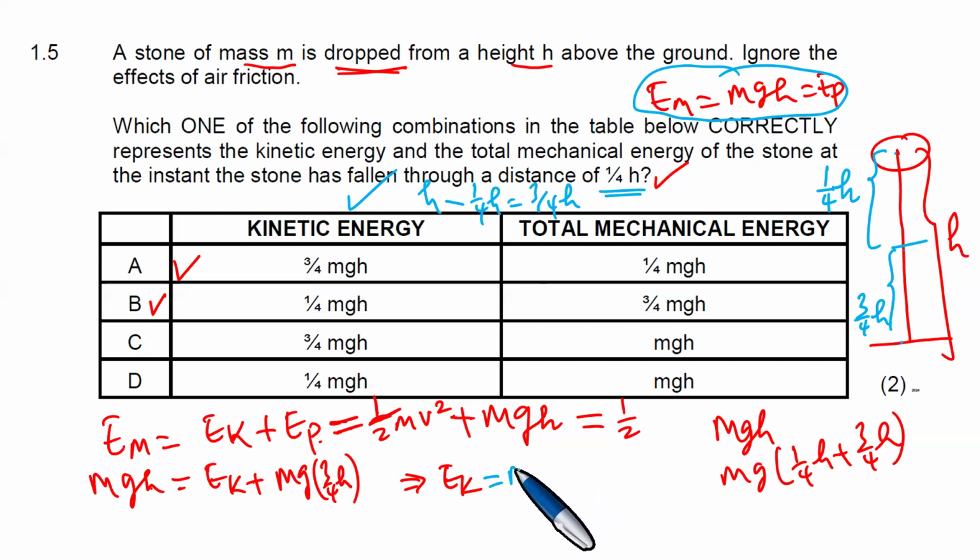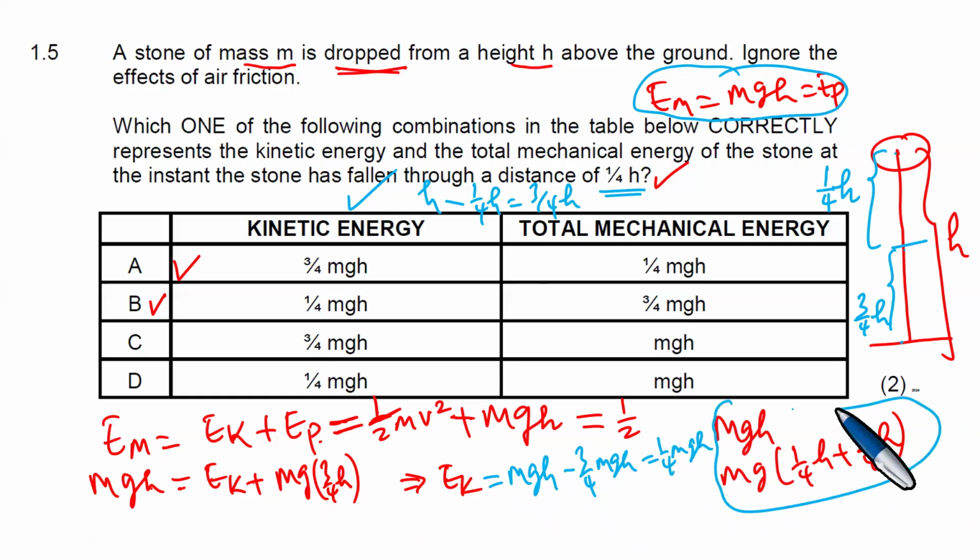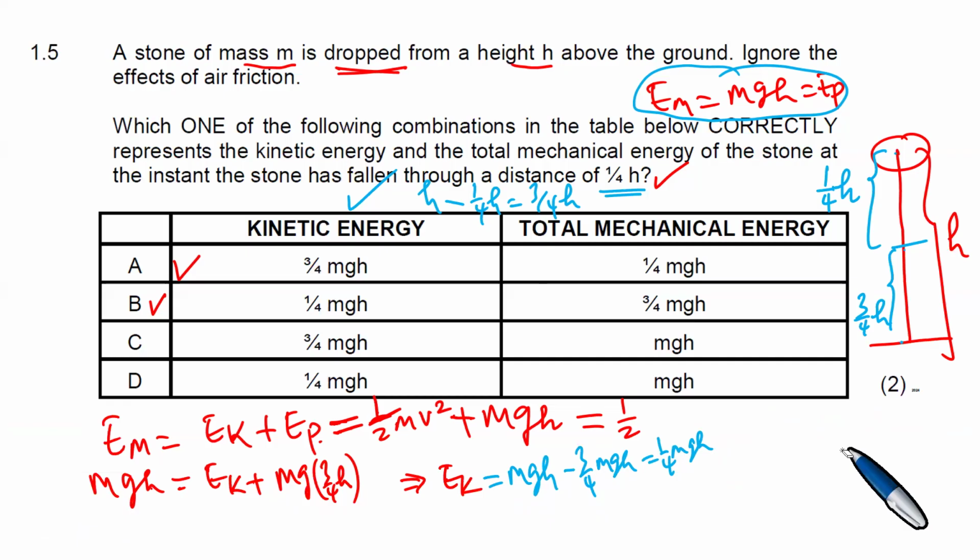Kinetic energy is mgh minus 3/4 mgh. Then you subtract these, and you have 1/4 mgh.